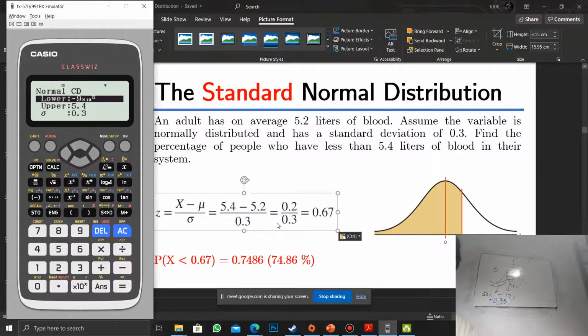0.7475. Wait lang, ba't ganon? Kaya nagkakaiba dahil sa rounding off, no? So, yan, 0.7475 yun nakuha ko.